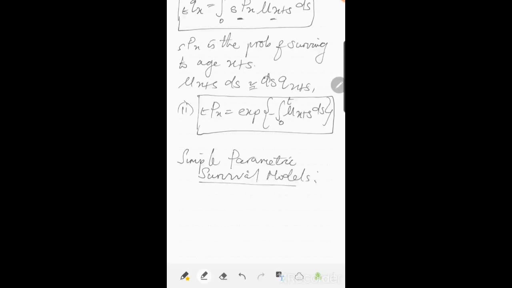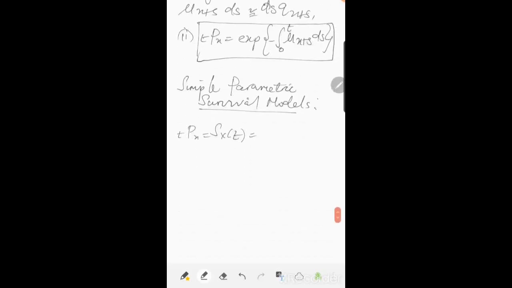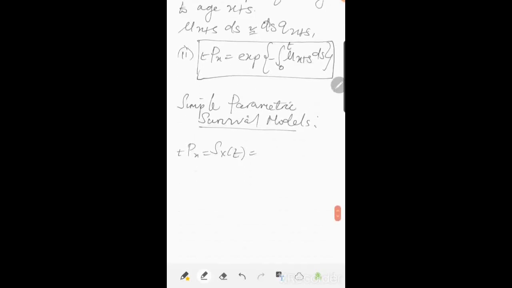Simple parametric survival. From the work we've done so far, we know that tPx is equal to S_x, which is just the expectation of e to the negative integral from 0 to t of mu ds.